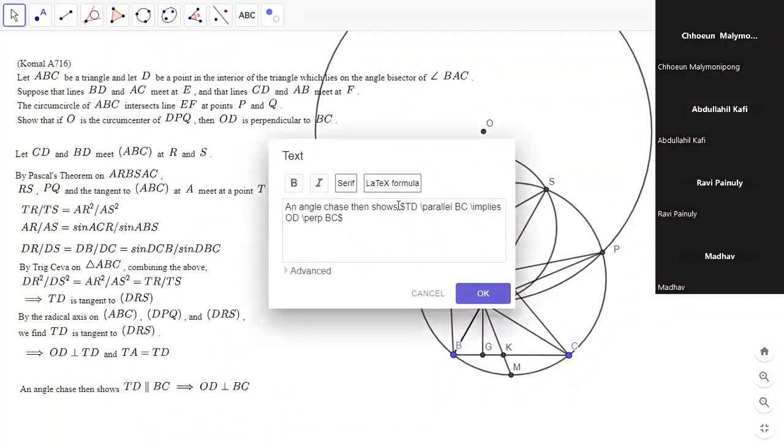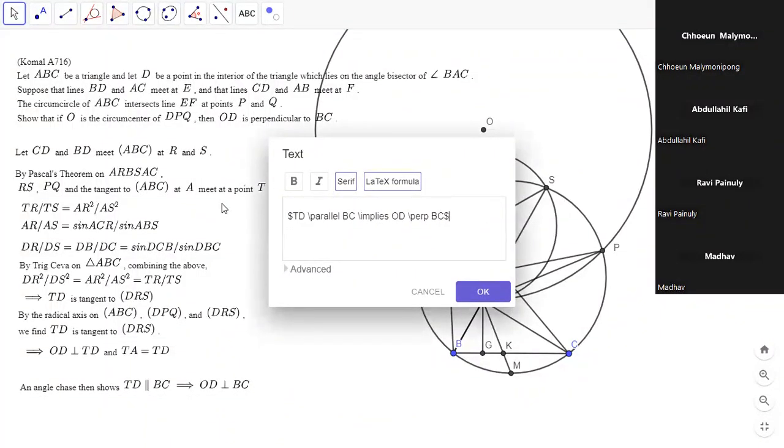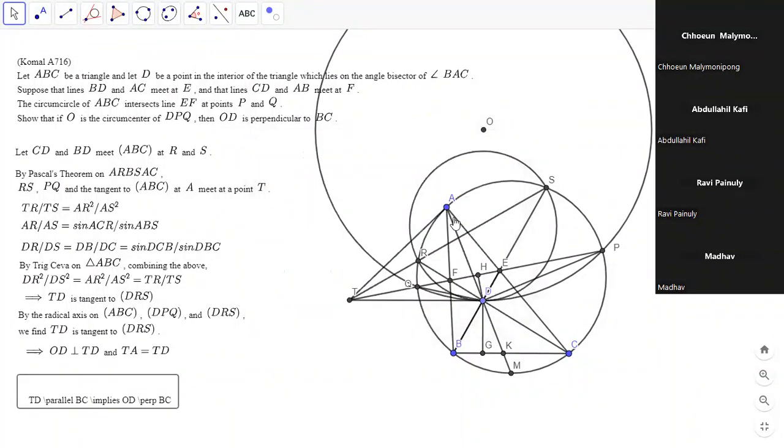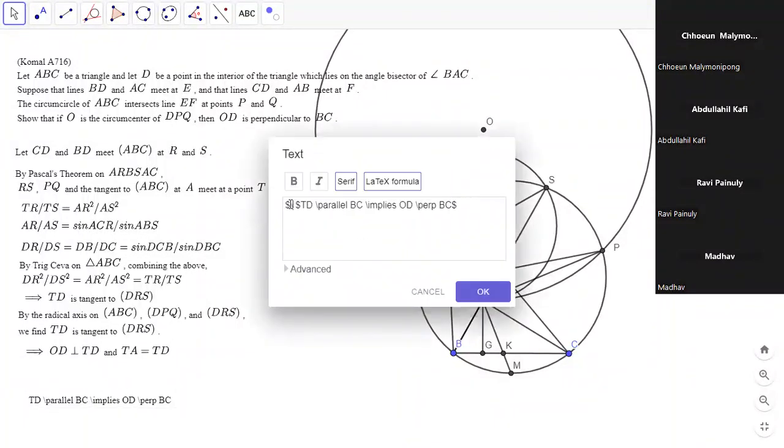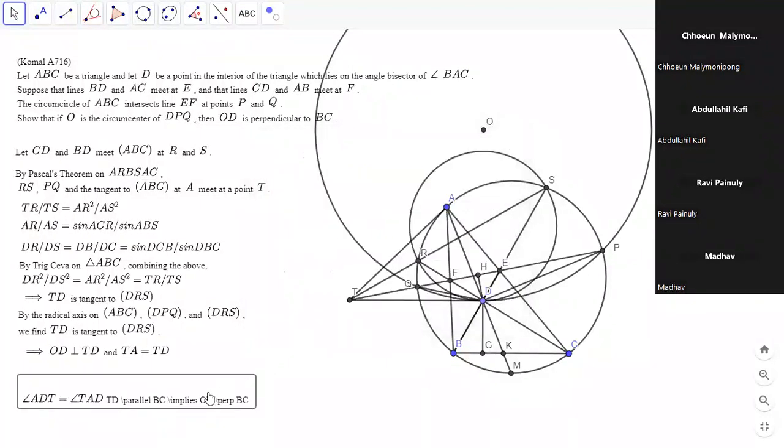So yeah, I'll just write out what this angle chase is. So we have basically angle ADT equals TAB, TAB equals angle TAM, and it's easy to show that that's AKB.